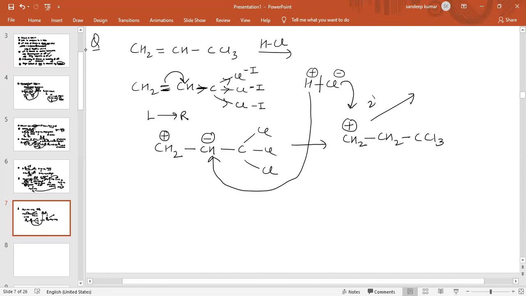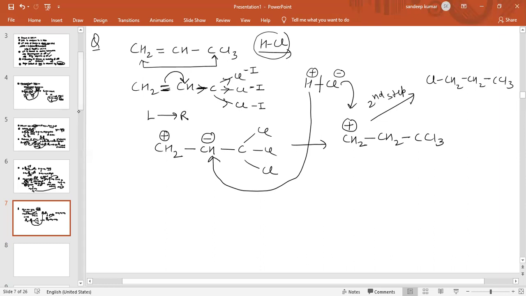So in the second step nucleophile will attack. So the product obtained is Cl-CH2-CH2-CCl3. So this is based on the mechanism. Because if we use Markovnikov's rule, then it will fail. Therefore these types of questions should be done by the mechanism only.